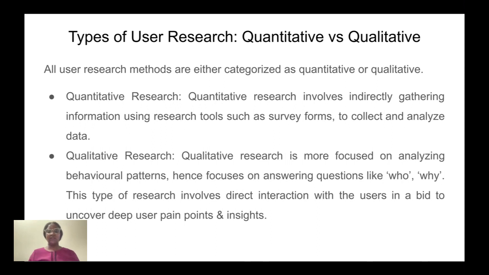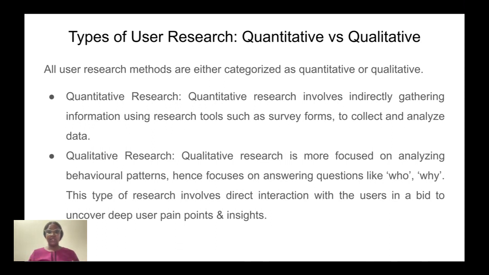Quantitative research involves indirectly gathering information using research tools such as survey forms and Google Forms to collect and analyze data. Think of when you send out a Google Form to a specific number of users to get feedback on your product, or when you put out a survey form through emails or whatever communication channels you have with your users, you are conducting quantitative research.